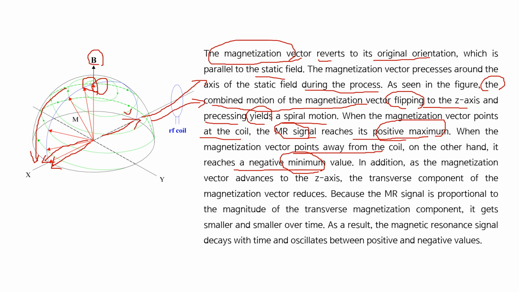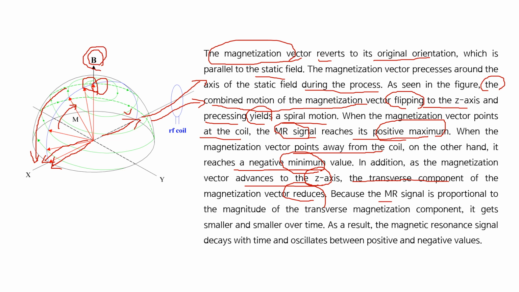In addition, as the magnetization vector advances to the z-axis, the transverse component of the magnetization vector reduces. So the transverse component will be smaller and smaller as the magnetization vector moves to the z-axis.